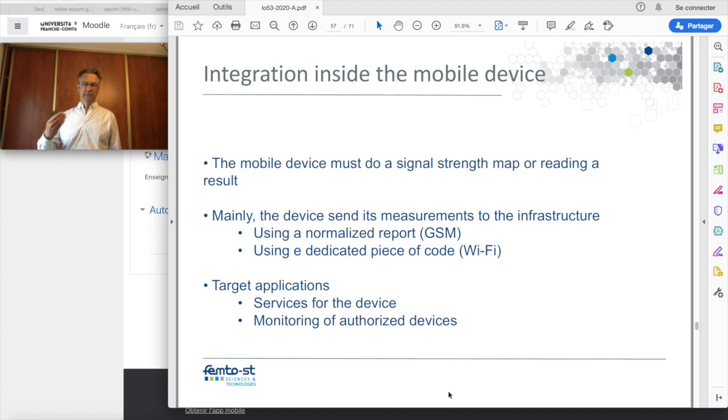So if you want to integrate the localization function inside the mobile device, you can use the normal report, you can use a dedicated piece of code in the Wi-Fi, and the target application will be to deliver a location service to the device, like navigation, for example. And the other way is to monitor where your authorized devices are, because you need to know the address of your mobile devices, and you need to add a piece of code inside your devices.